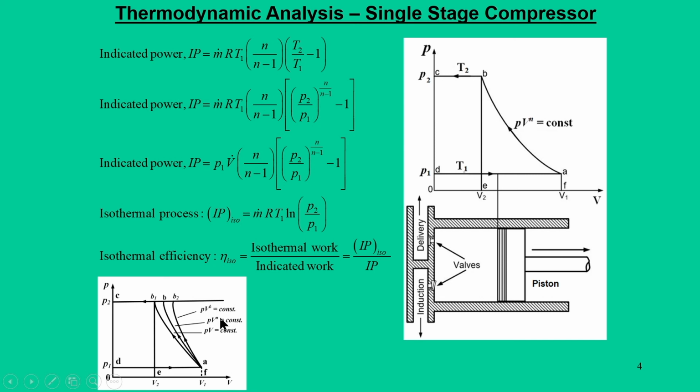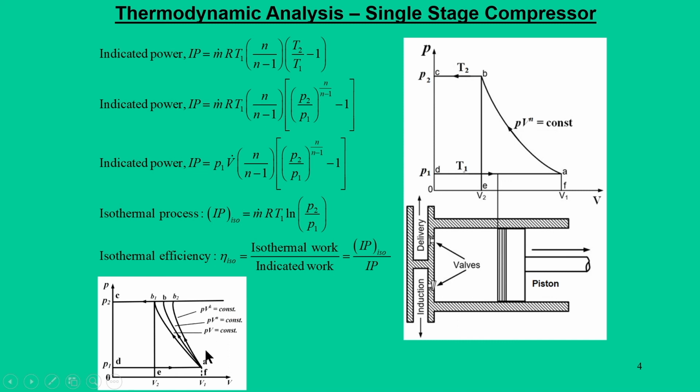If you look at this value of n, in particular for an isothermal process, n is equal to 1, so this equation becomes P v is equal to constant, and when n is equal to k or gamma, for air that value is 1.4, the other extreme is P v to the power gamma or k is equal to constant.